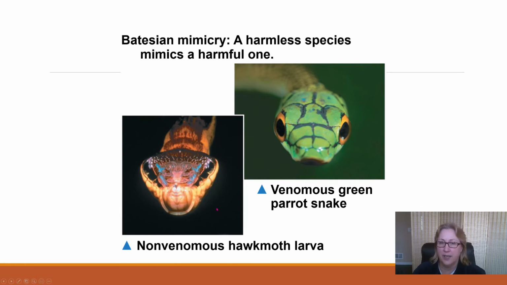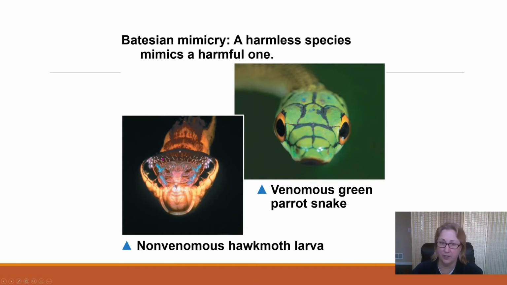So here's a weird case. There's quite a few caterpillars, or those are larvae of butterflies or moths, whose posterior ends look like something harmful. And here's one. This is the posterior end of the caterpillar, and it can puff itself up to look like a snake head.